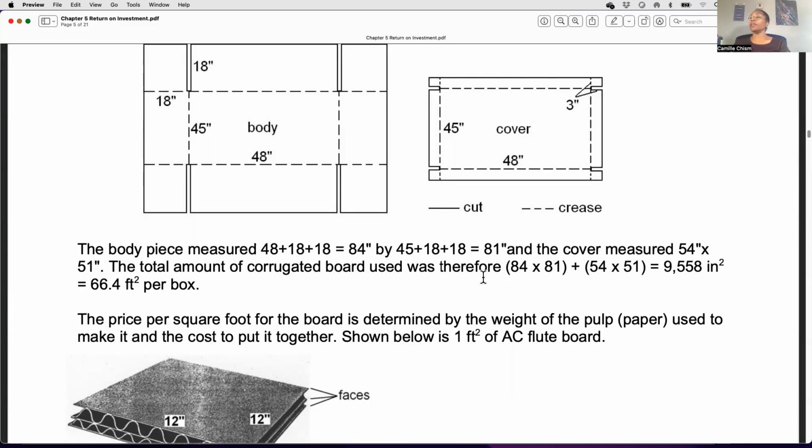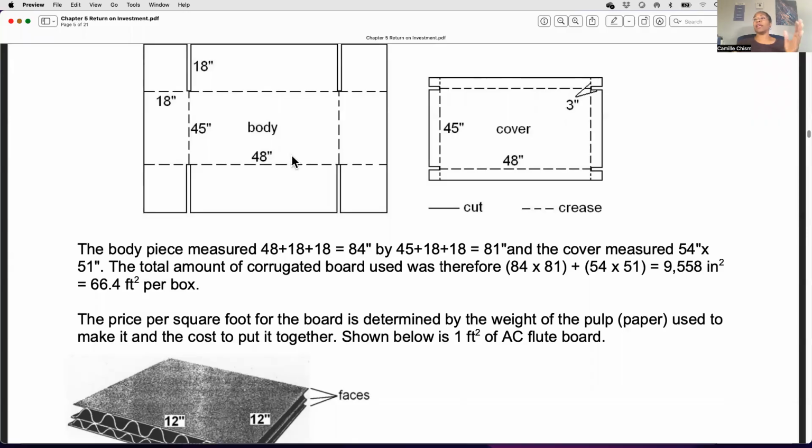So you'll take the areas of both of those and add them together. And that's going to tell you how much material you're using per box. So you're going to take that 84 times 81 for the box, and then you're going to add the 54 times 51.